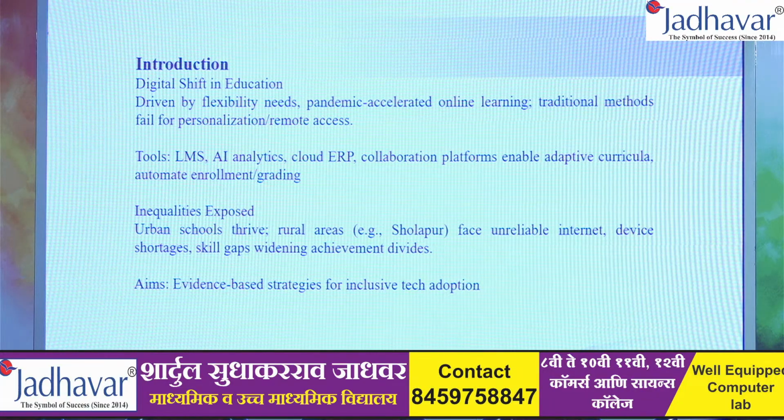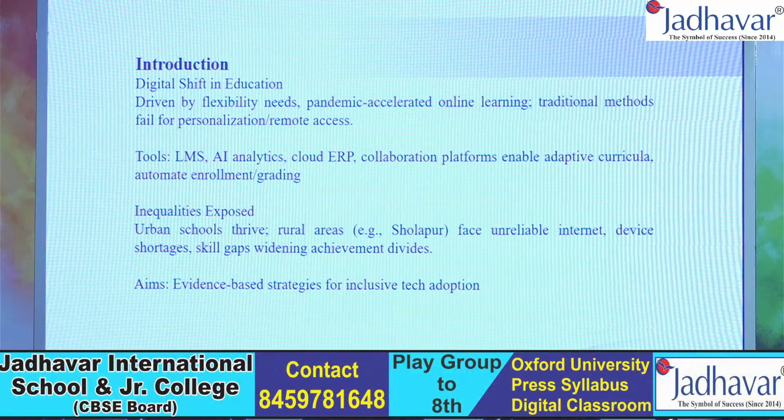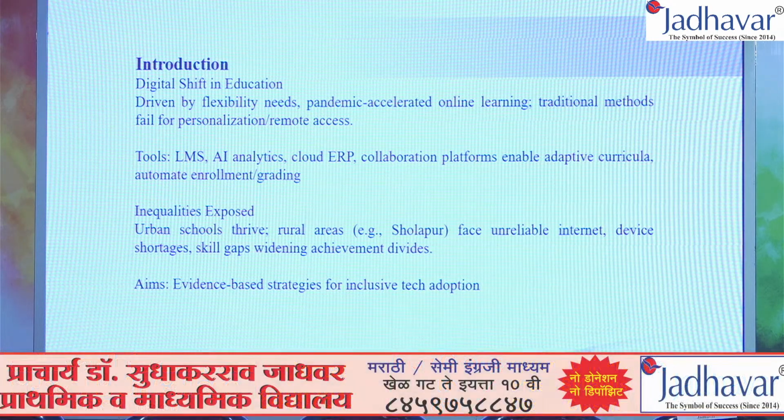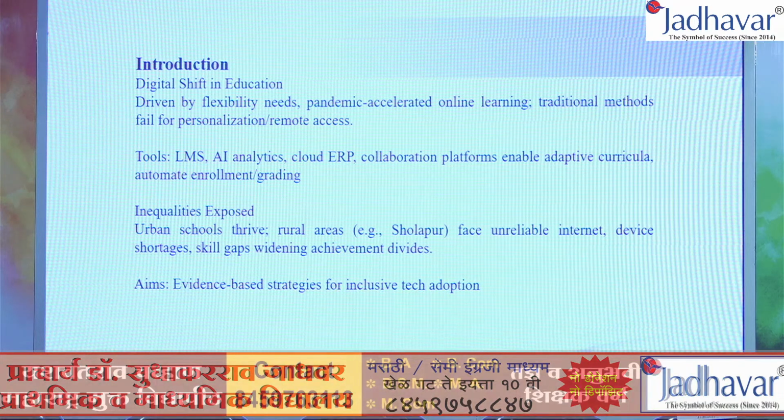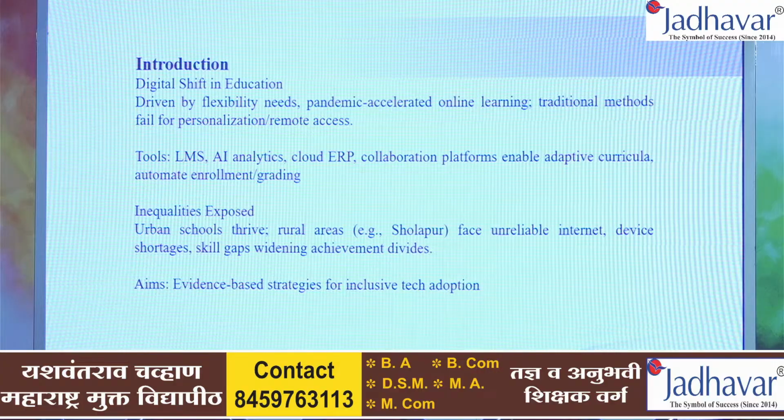The tools are LMS, AI analytics, cloud ERP, and collaboration platforms, which enable adaptive curricula and automate enrollment and grading. It means that when teachers and students collaborate using digital tools, the syllabus can be adjusted to suit each student's learning needs in the rural area and also in the urban area.